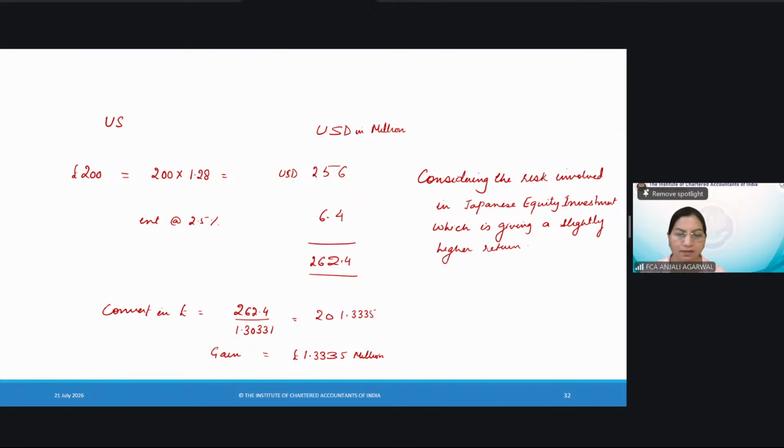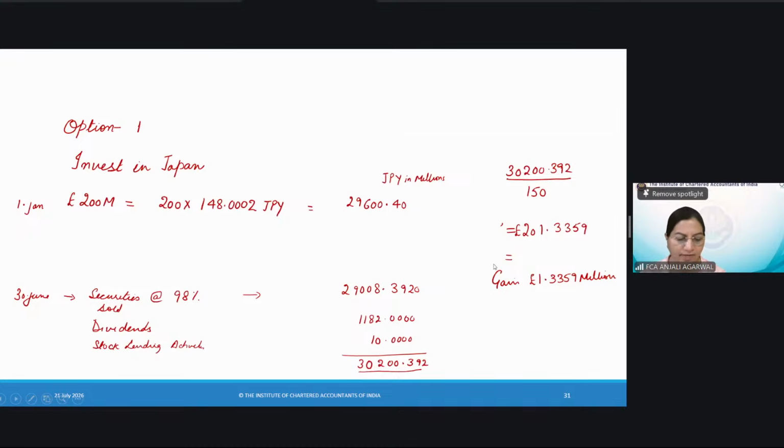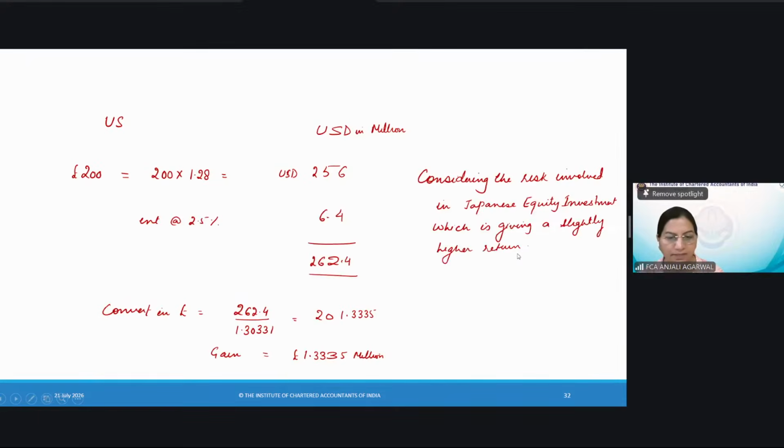How much it is? 1.3359 after rounding off till four decimals minus 1.3335. So it's 2,400 euros, pounds.